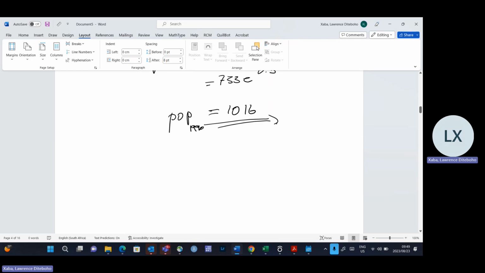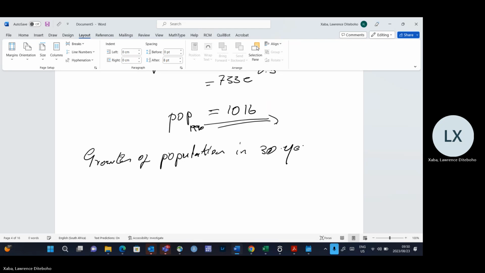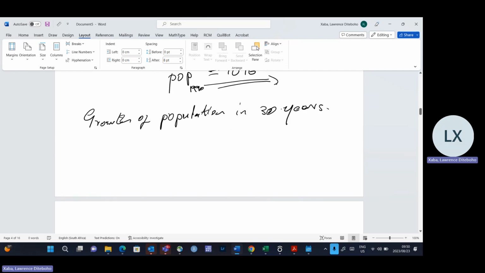So here's another question. Let's see how our population is going to grow after a period of maybe 30 years. So now we're interested to see the growth of population in 30 years.